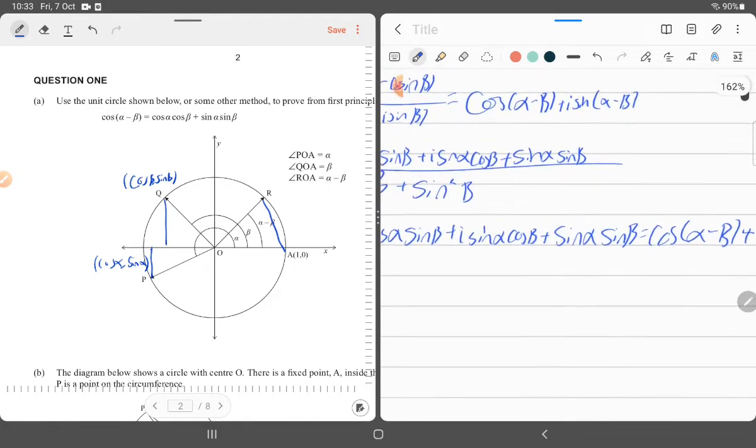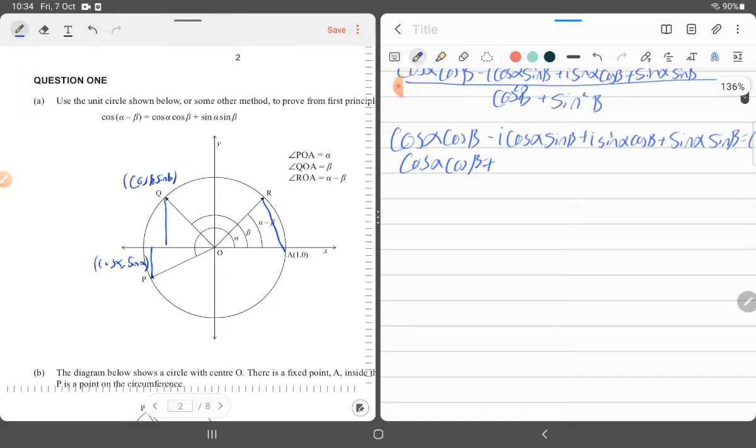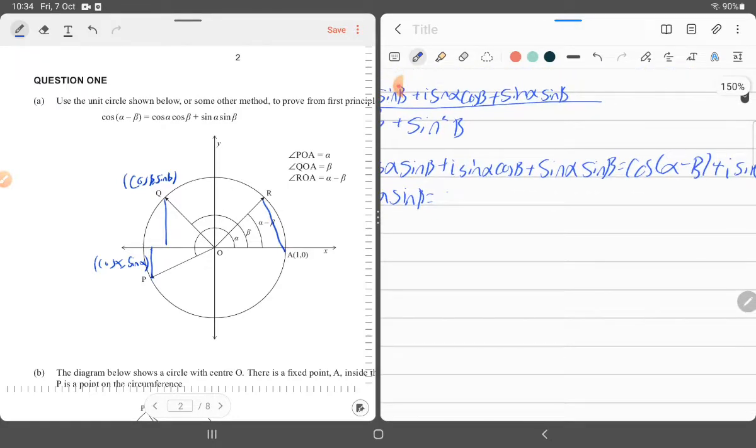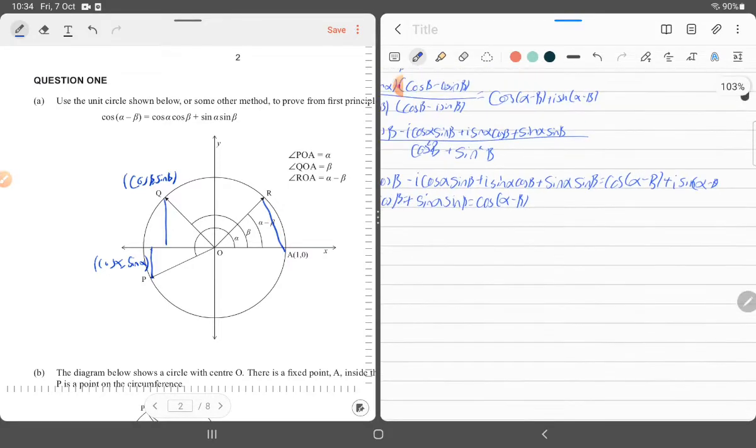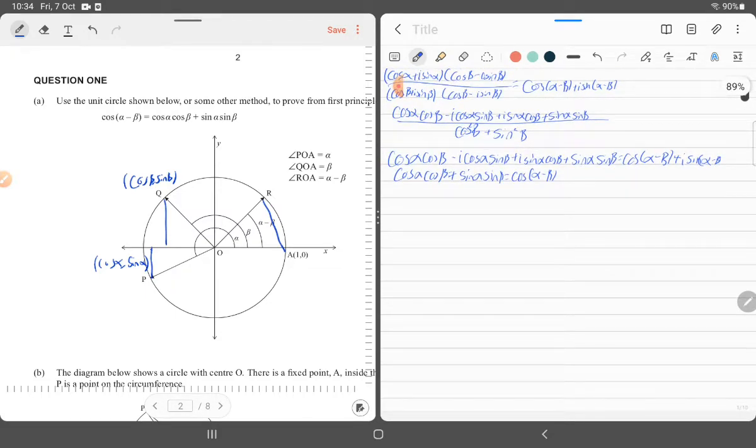Pair the real parts with real, then we get cosine alpha cosine beta plus sine alpha sine beta is equal to cosine alpha minus beta, which indeed is what we were after.